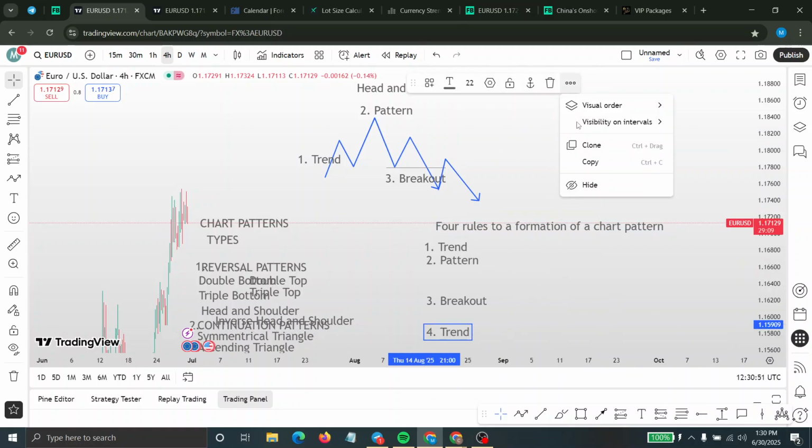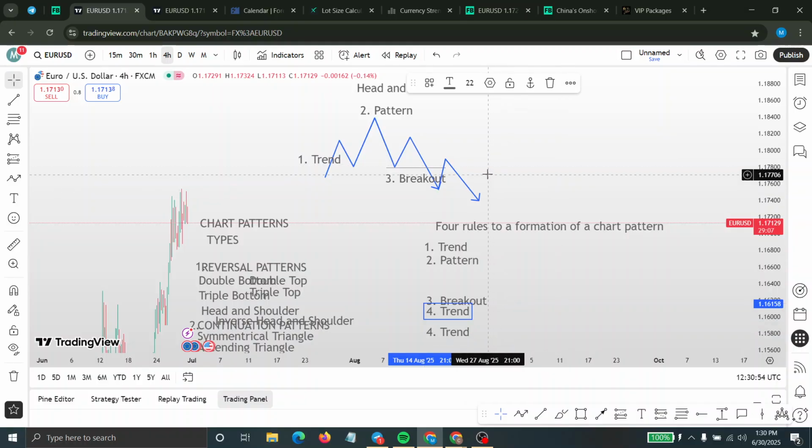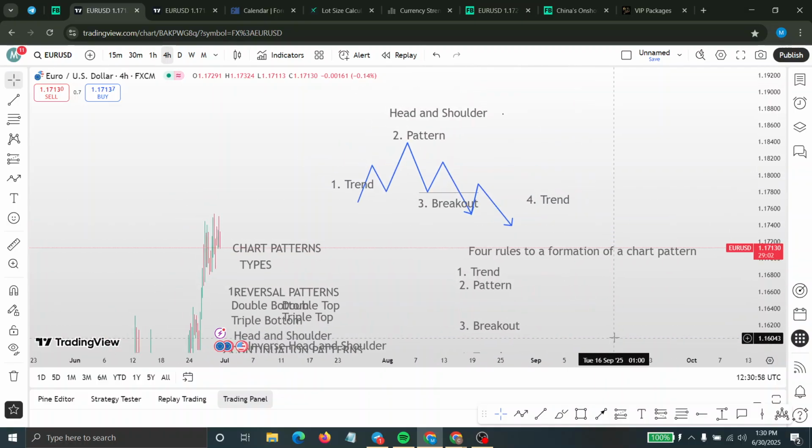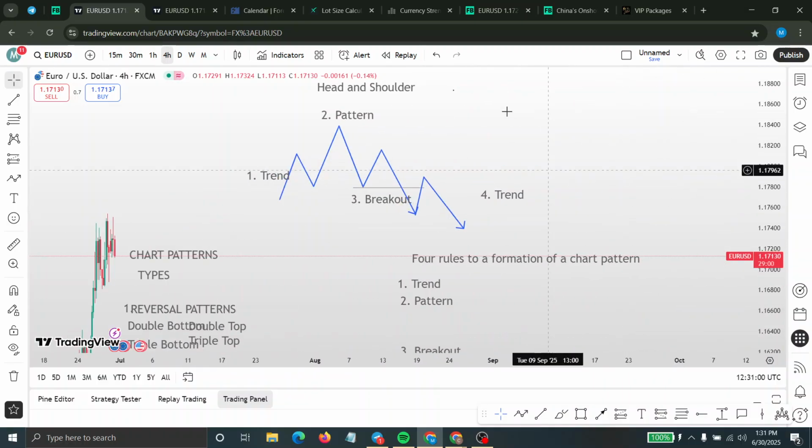Obviously it occurs. So we now have a new trend. Let's recap what happened. We notice a trend, a pattern forms, a breakout occurs, and the fourth one on the list is a new trend. And that's what we want to see: a trend, a pattern, a breakout, a new trend.